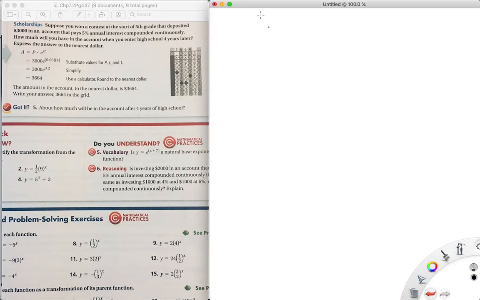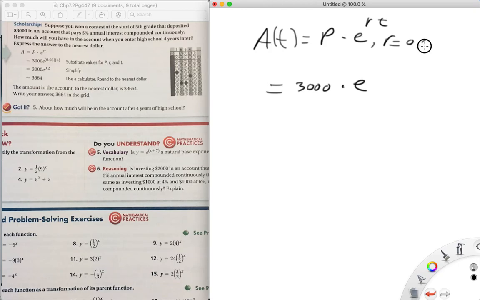So A of t equals p times e to the rt. In this case, p is 3,000. That's the initial money we started with, times e. R is going to be 5% in decimal form, so 0.05.